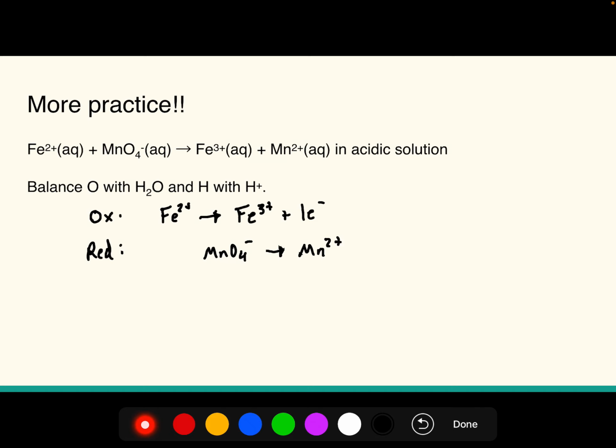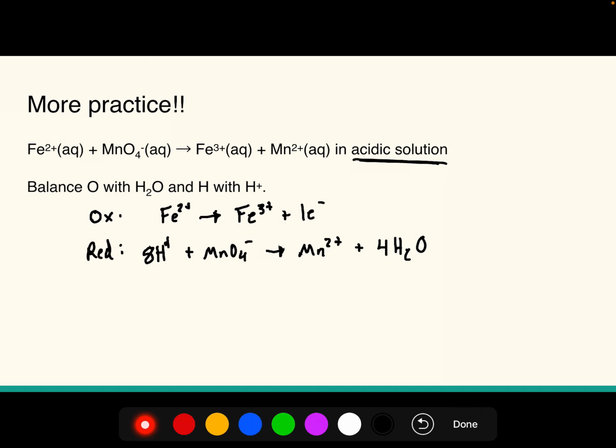Now the manganese is good, but to balance oxygen, I add waters. So I'm going to add 4 H2O. Now my oxygens are balanced, but I need to balance the hydrogen, so I'm going to add hydrogen as H+. And since it's an acidic solution, it's totally fine to have H+.